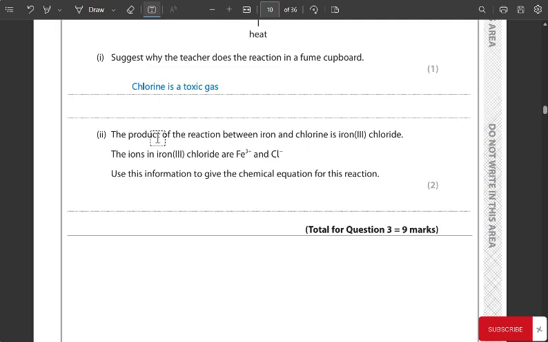And the second one: the product of the reaction between iron and chlorine is iron 3 chloride. The ions in iron 3 chloride are Fe plus 3 and Cl minus ions. Use the information to give the chemical equation for this reaction. First, we put only the signs of the elements.